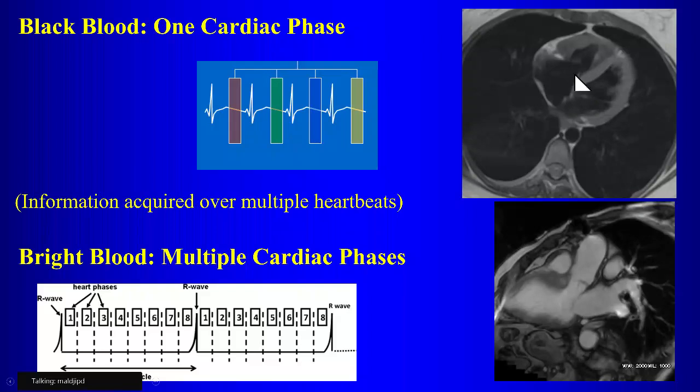So it may take a 12 to 16 second breath hold, and the information will be acquired over multiple heartbeats, and then you will get images at this one cardiac phase for every location in space, every axial image. As opposed to your bright blood imaging, where what we're really looking at is the entire cardiac cycle, and these are really still images throughout the cardiac cycle that are put together to give you this movie.